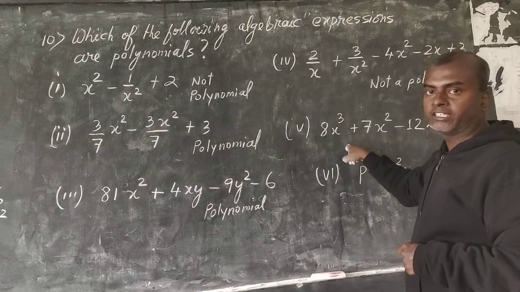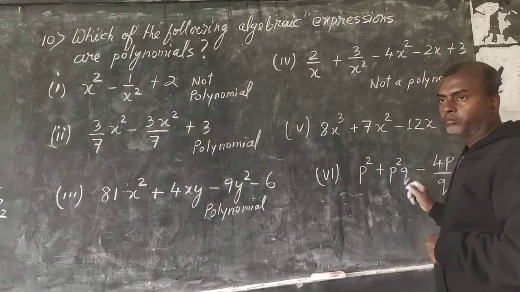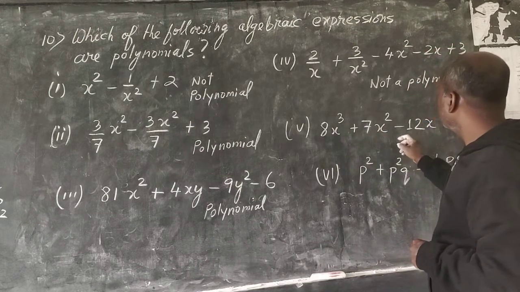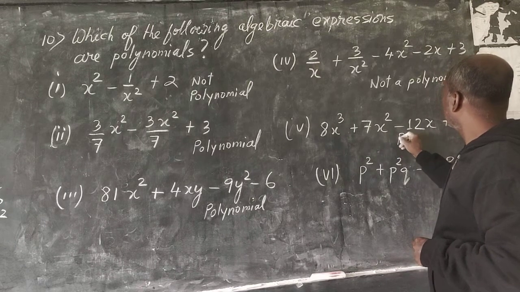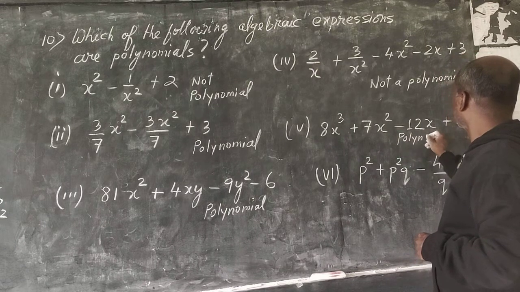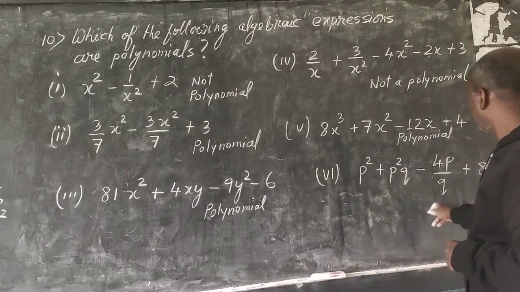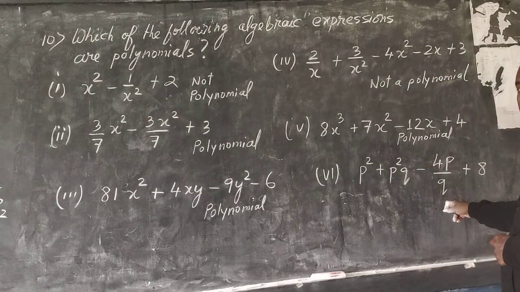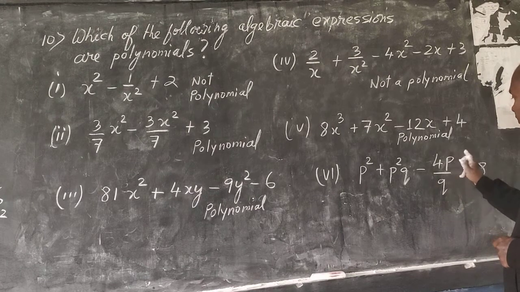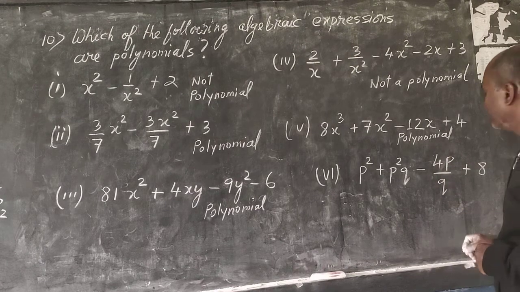There is no denominator as such. So, no question of a variable being in the denominator. So, it's a polynomial. Again, the sixth part, you can see one of the terms has a variable in the denominator, so it disqualifies. It is not a polynomial.